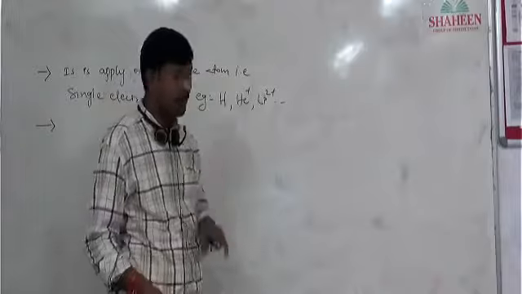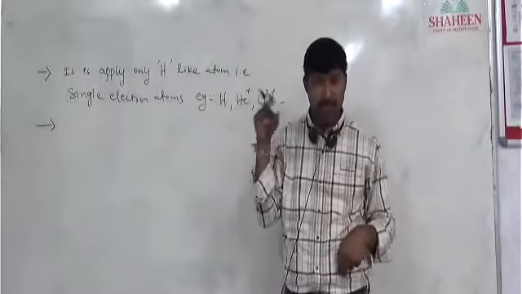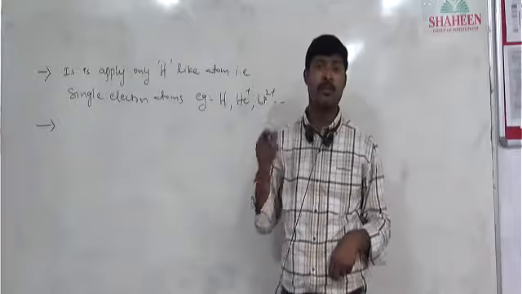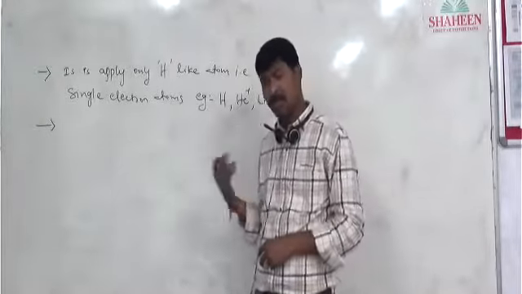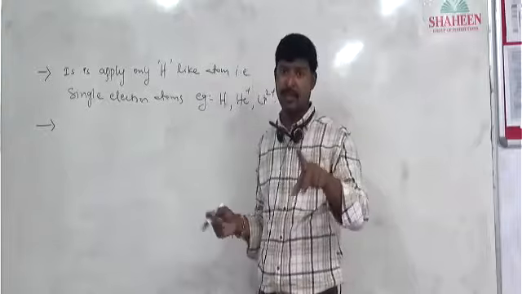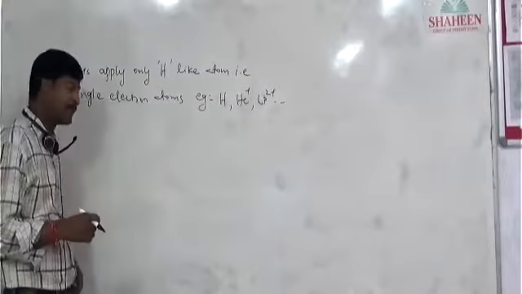So Bohr said that there is no rotation of the electron, only revolving around the nucleus. But practically, the electron not only revolves around the nucleus, it also rotates about its own axis, like Earth rotates about its own axis and revolves around the sun. But Bohr did not explain the rotation of the electron about its own axis.